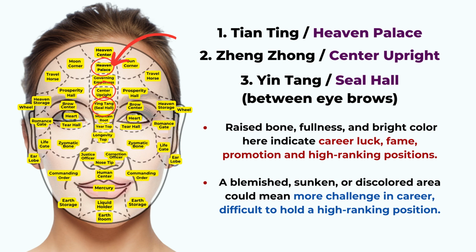In the traditional Chinese culture, that can mean working in the government or serving the emperor. And on the opposite, if it's not perfect in this area, if the skin is blemished, sunken, or discolored, that can mean more challenge in career or in your status, and it's harder to have a high ranking position.